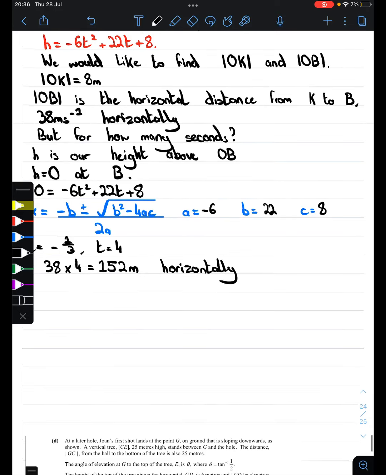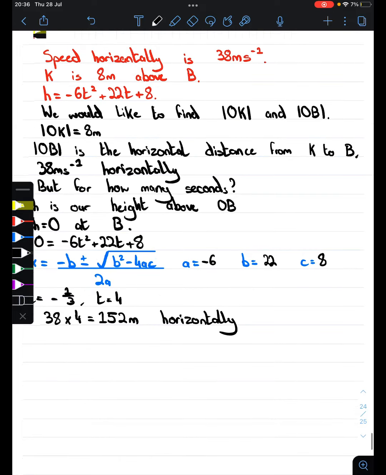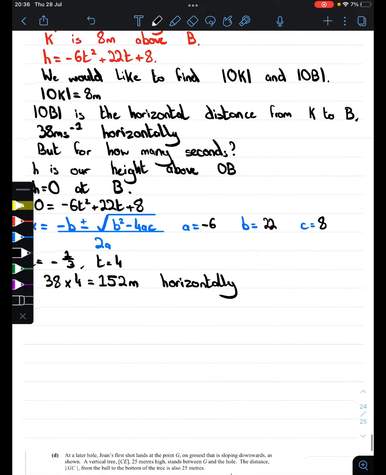And the distance it travels horizontally is just OB. So now we have OB equals 152, and OK equals 8. Now this is going to allow us to find theta.